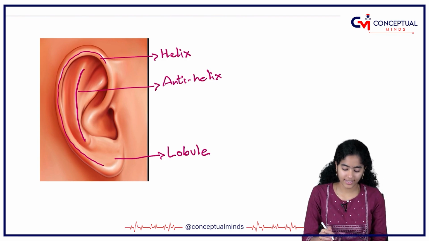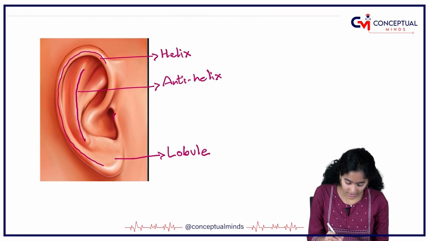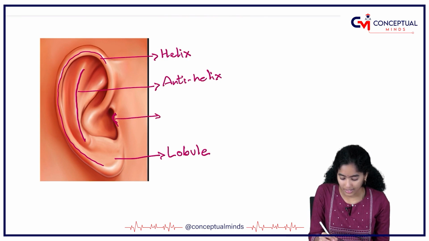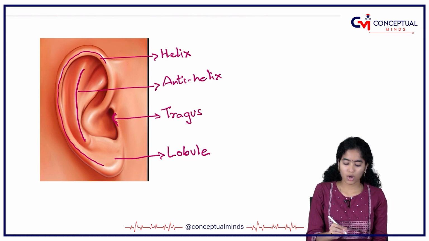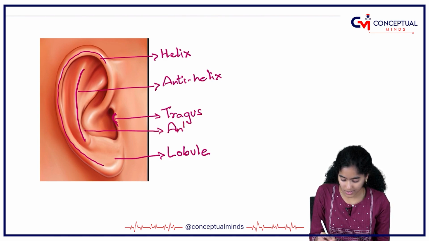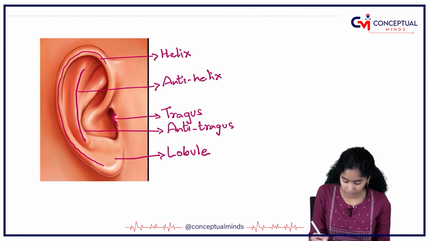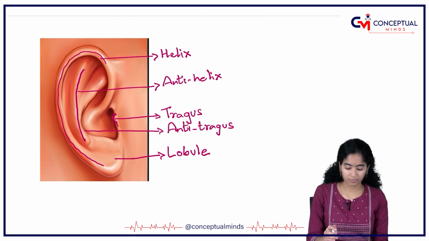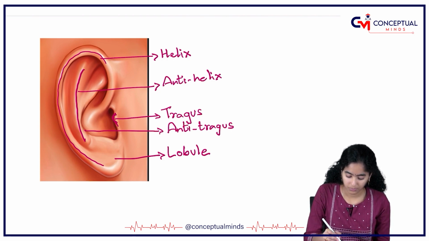Other parts that you can see here: this triangular elevation is called the tragus. And opposite to the tragus, this part is called the antitragus. These are some of the elevations seen on the auricle. Now, let us look into some depressions.